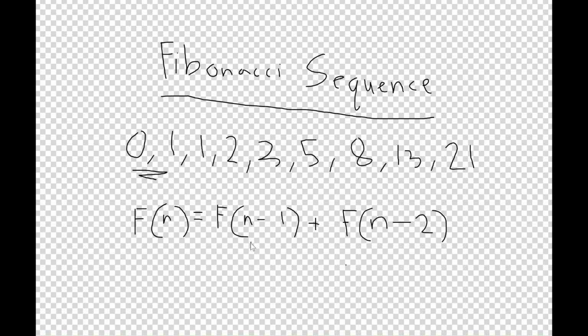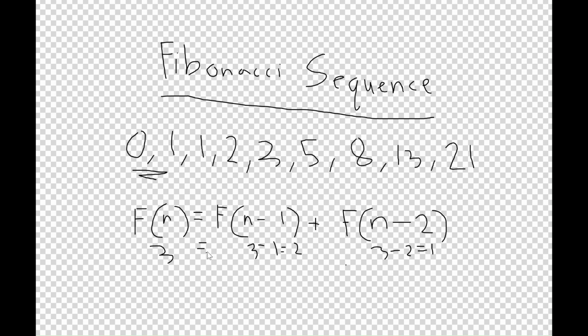So if we have 3 minus 1, which is equal to 2, and then we also have 3 minus 2, which is equal to 1. And we add these two numbers together, 2 and 1. We get the number 3.